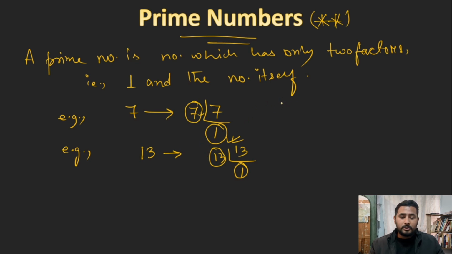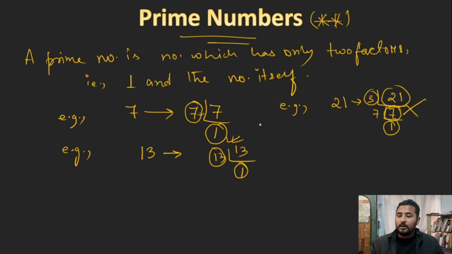So let me show you another example. Suppose if we have a number as 21. Can 21 be a prime number? So let's start with factorization. 3 into 7, 7 into 1 is 7. So if you see 1, 3, 7, 21, 21 has how many factors? 4 factors. So this cannot be a prime number. I hope you have got this. What is a prime number?